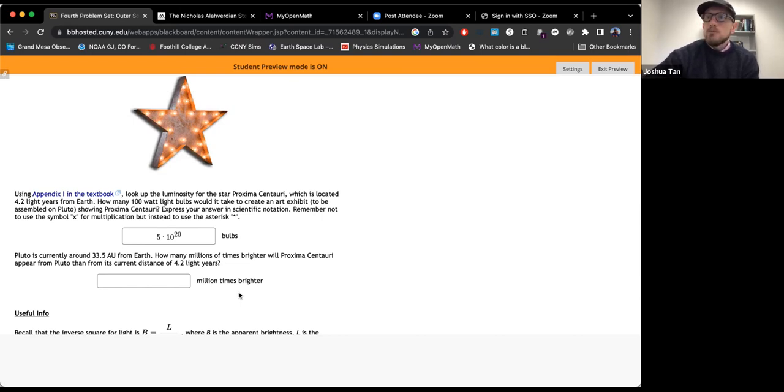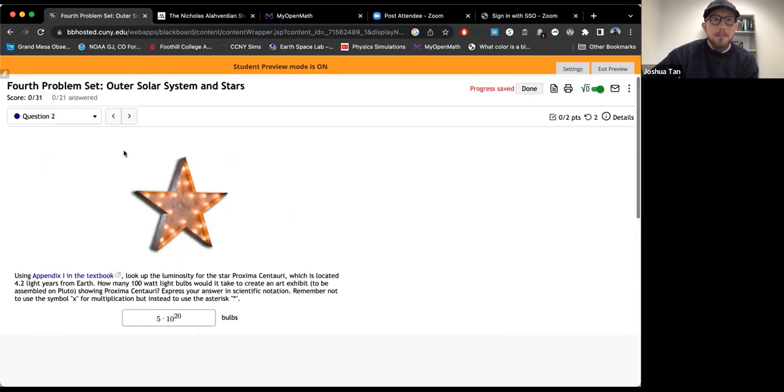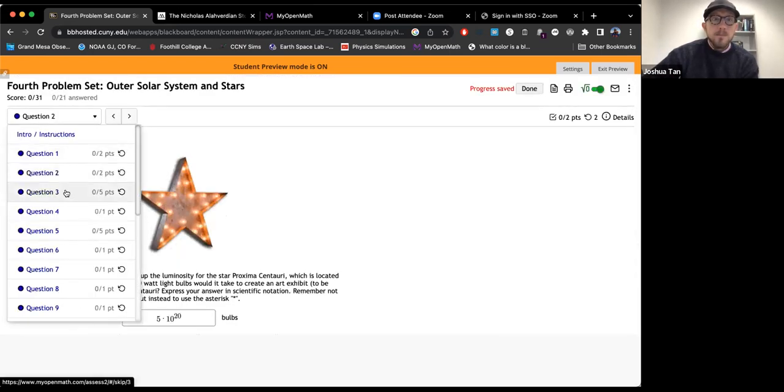The brightness then will be related to the square of that number, and that's what I'll be looking for here. And this is mentioned down here below. You can use some of these pieces of information to help you answer this question. It's a very good question for making you think about how things will change in brightness. As I move to different locations, farther or closer, how will things look differently in the night sky?